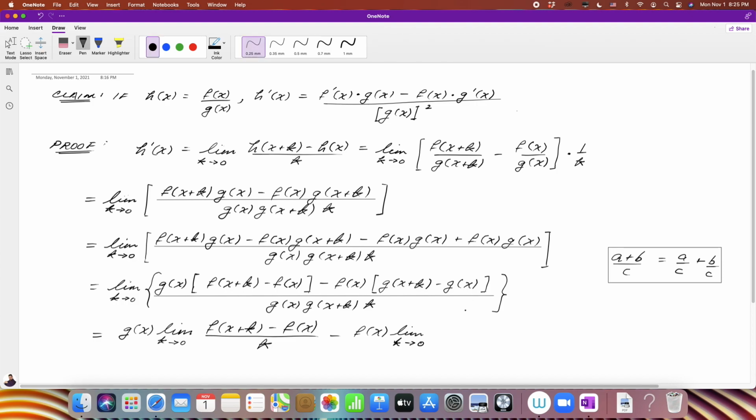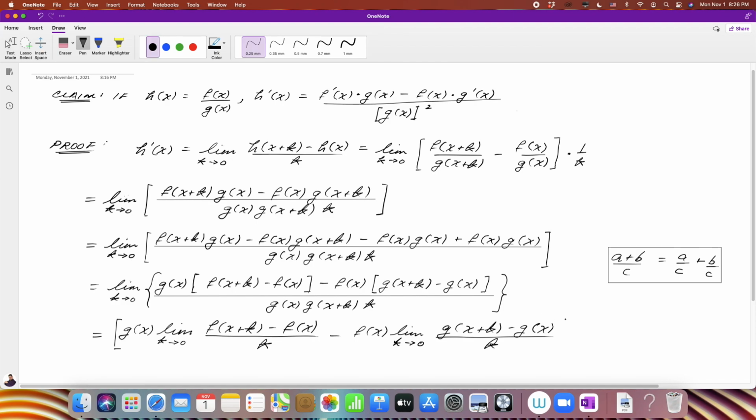Anyway, so here we go. We got the f of x going out, and now we have the limit of all of this. Well, that's over k. Notice we still got to divide by g of x and g of x plus k. Okay? And they're dependent on the limit as well. Okay, so let's be very clear about that.